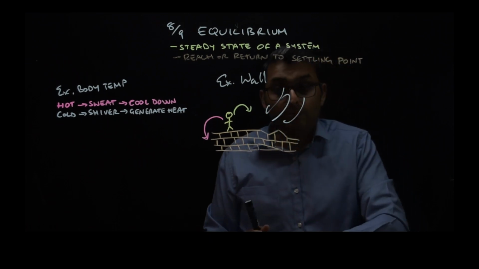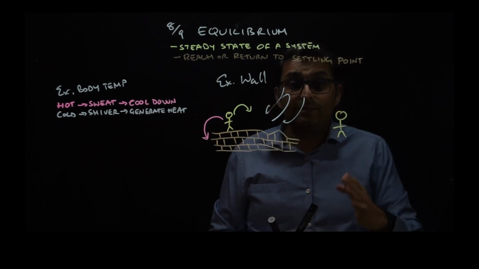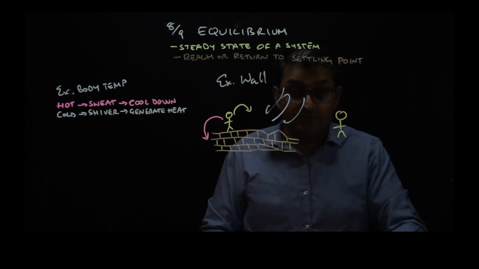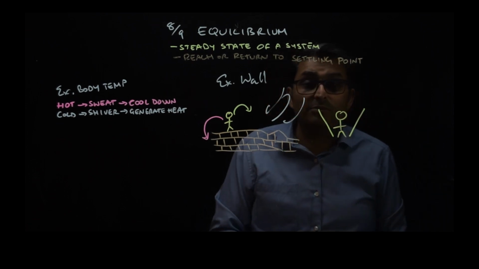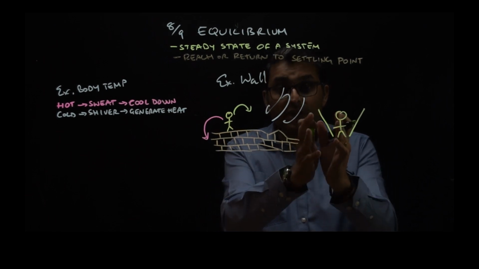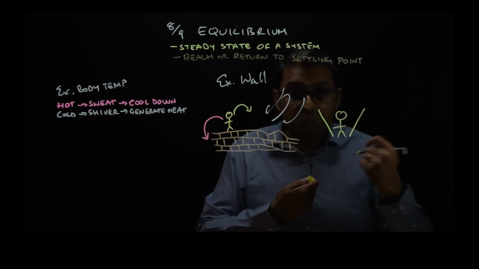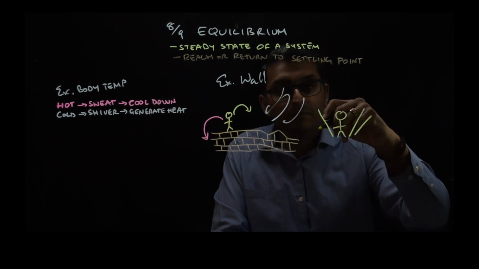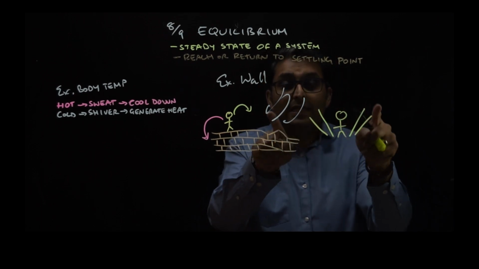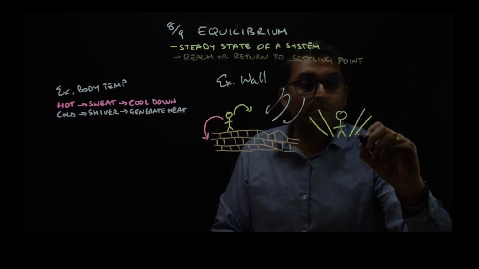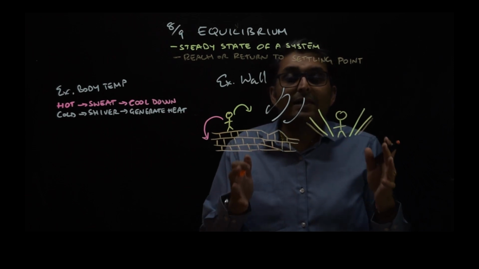Take my running example. I can lean in both directions up to a point, after which if I lean more, I will become imbalanced. And the more I lean in either direction, the more imbalanced I will be.